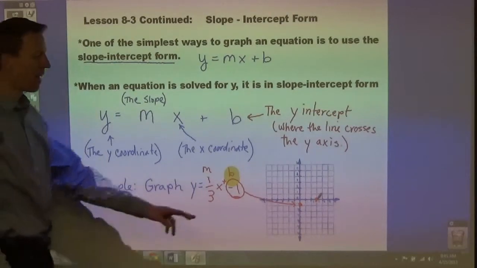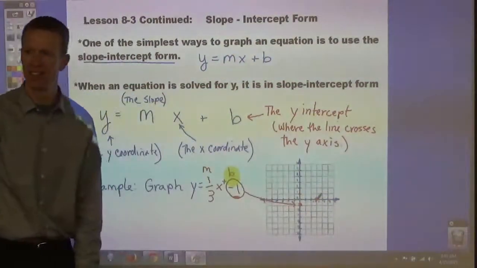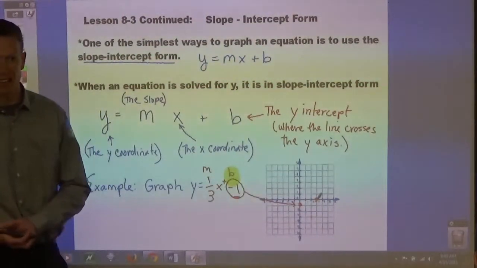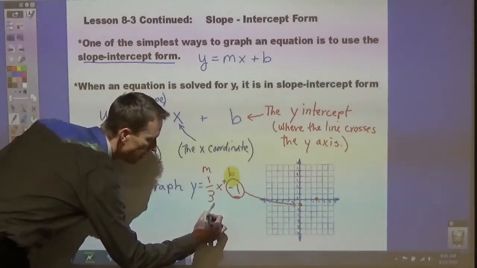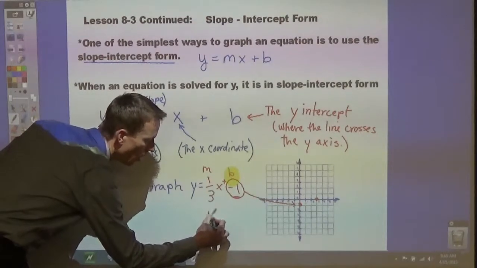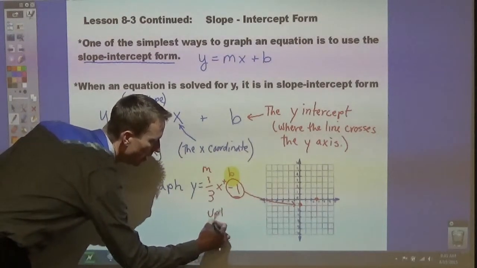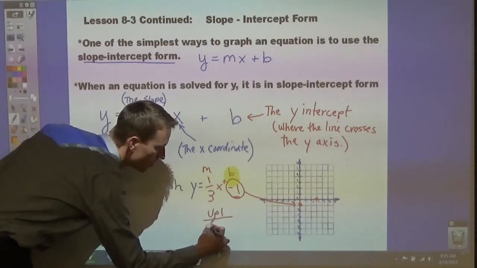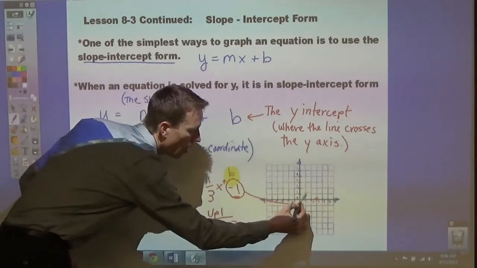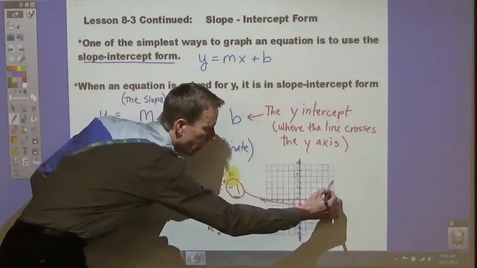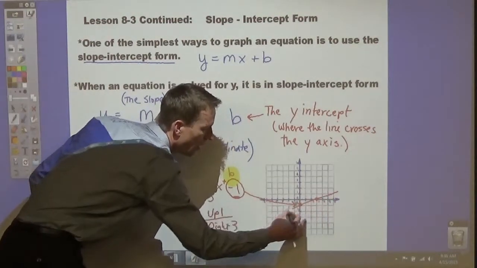Guess what? That's on the x-axis, isn't it? So that's actually called the x-intercept. The slope is positive 1/3. So we go up 1, then over to the right 3. Up 1, over 3, mark the point, and draw the line.